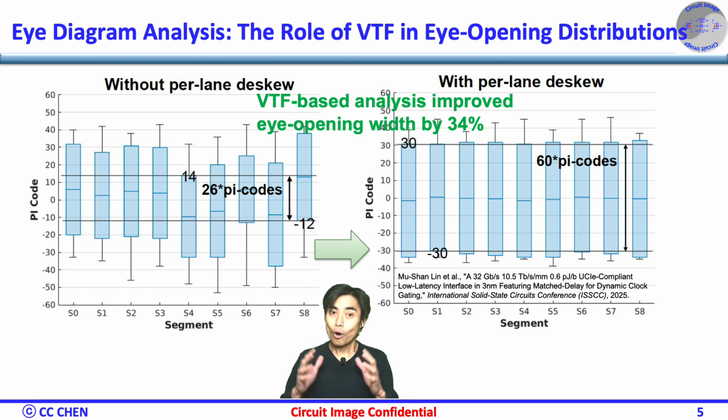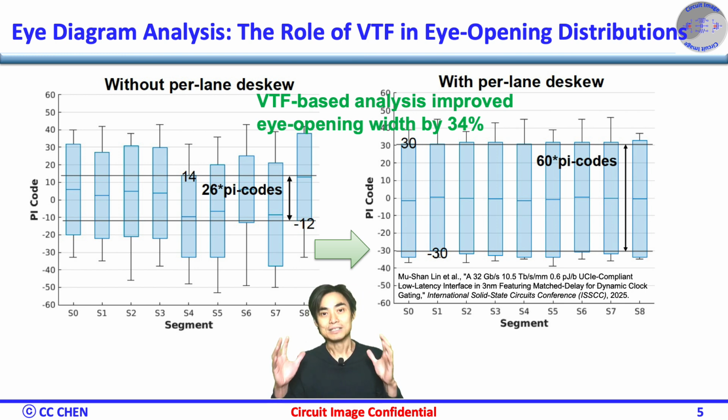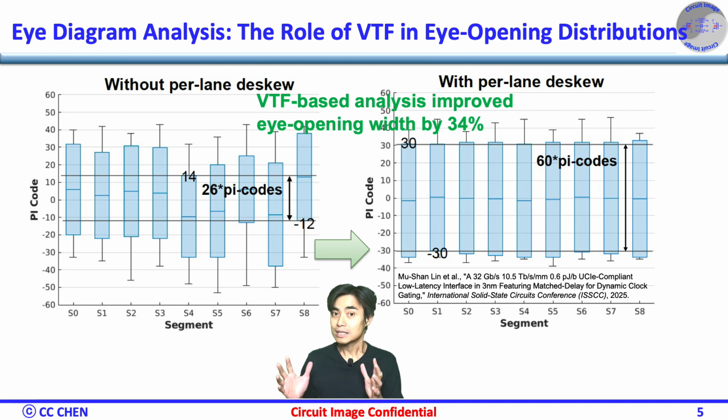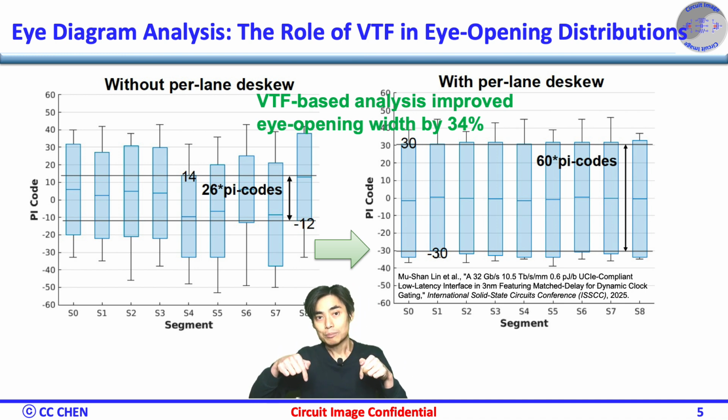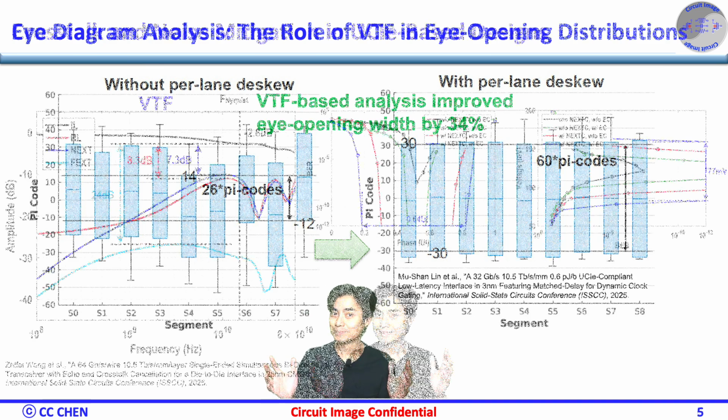Ensuring an open and stable eye is vital. But another key concern in UCIe links is crosstalk. With increased lane density, minimizing unwanted interference becomes just as important as improving signal amplitude.